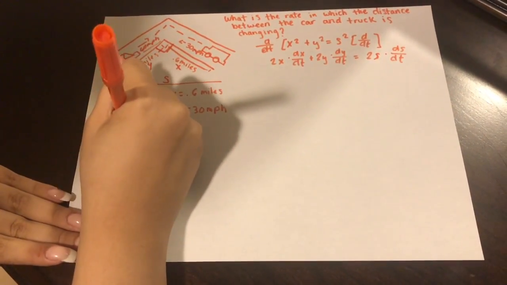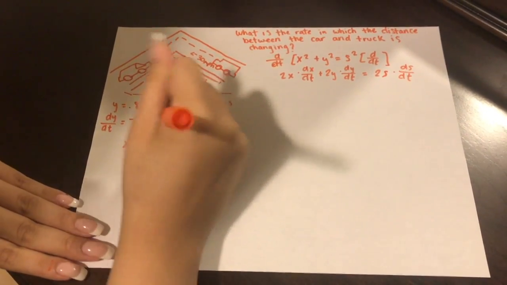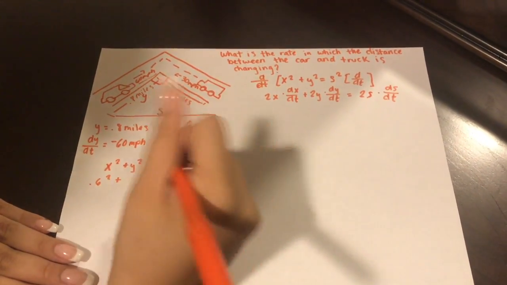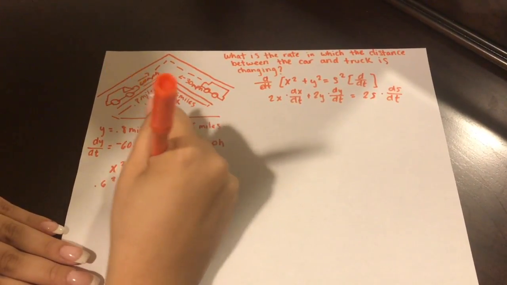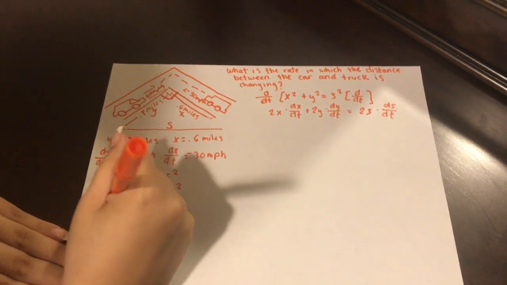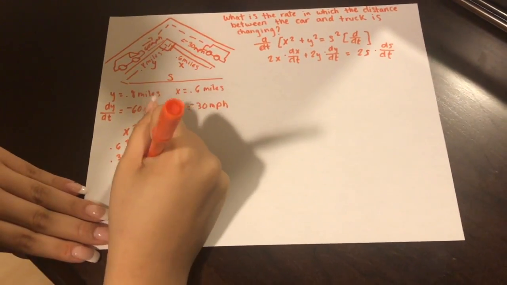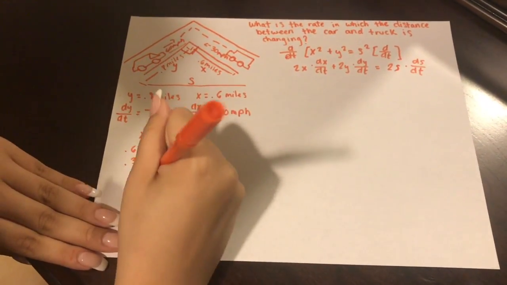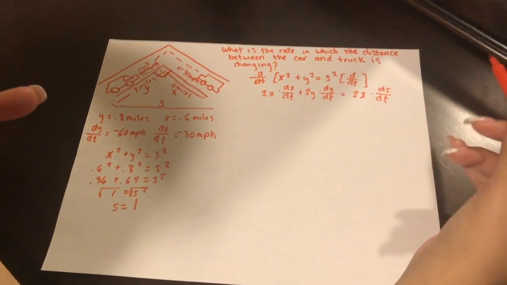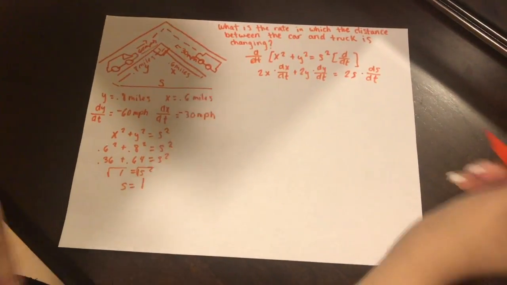As we mentioned before, the Pythagorean theorem in this case is x squared plus y squared equals s squared. We know that x is 0.6 miles, so 0.6 squared, and y is 0.8 miles, plus 0.8 squared equals s squared. This is 0.36 plus 0.64 equals s squared. 1 equals s squared, and s will equal 1. So now we know all the components for the derived equation, so now we just simply plug in and solve.